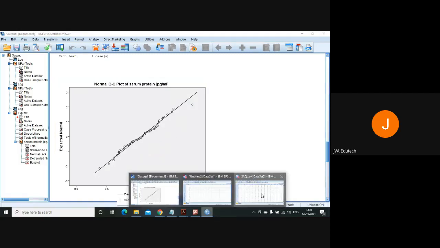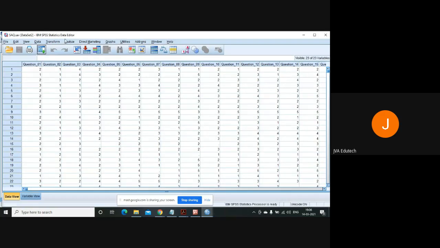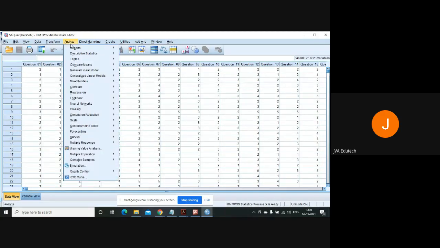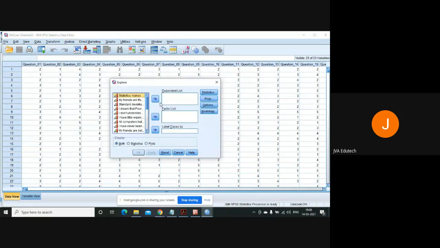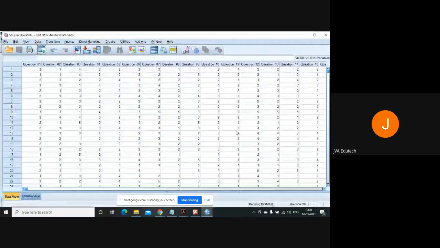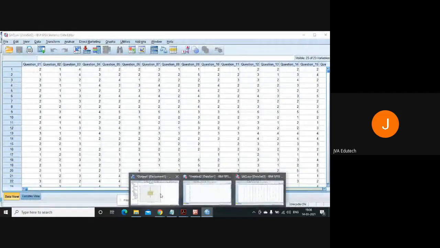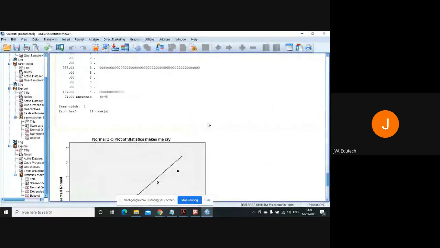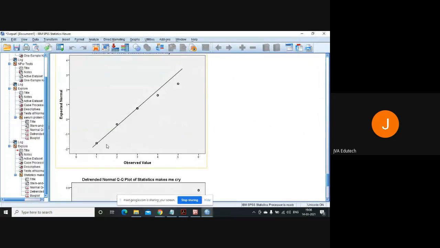Apply the same on our previous data set. Let's say question number 1. I am taking that SAQ, descriptive statistics, explore. I am taking this as dependent list. In plots, normality plot with test. Continue. Now you see this normal QQ plot.